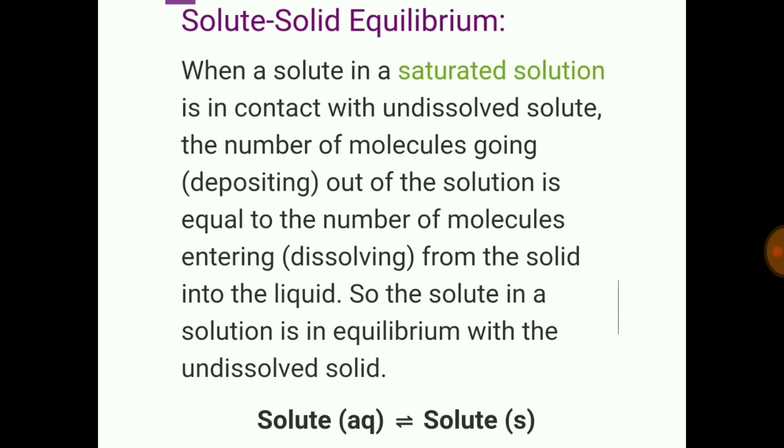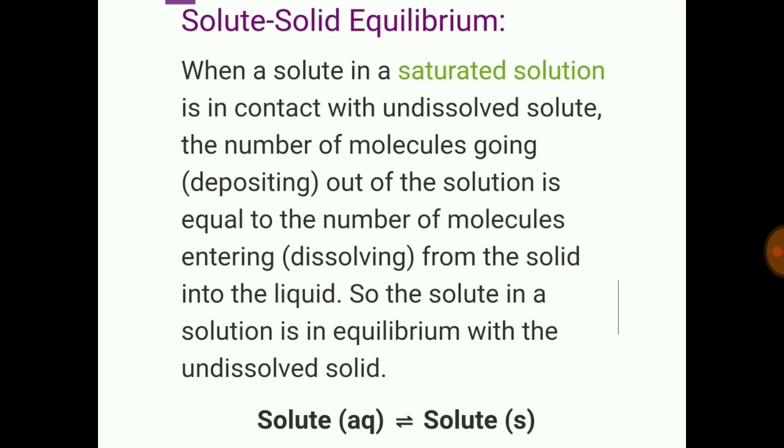Now, solute-solid equilibrium. When a solute in a saturated solution is in contact with undissolved solute, the number of molecules depositing out of the solution is equal to the number of molecules entering from the solid into the liquid. The same number of molecules are entering from the solid into the liquid as are going out from the solution.